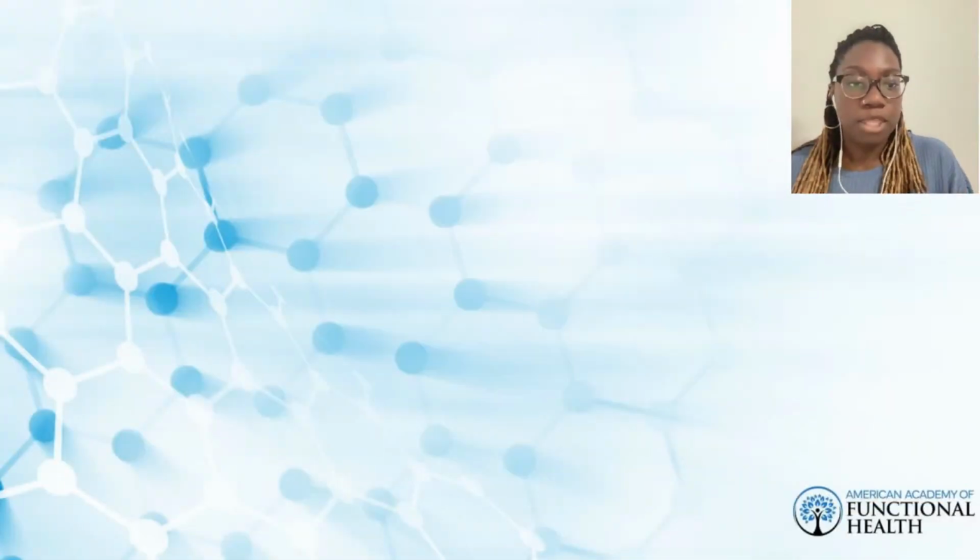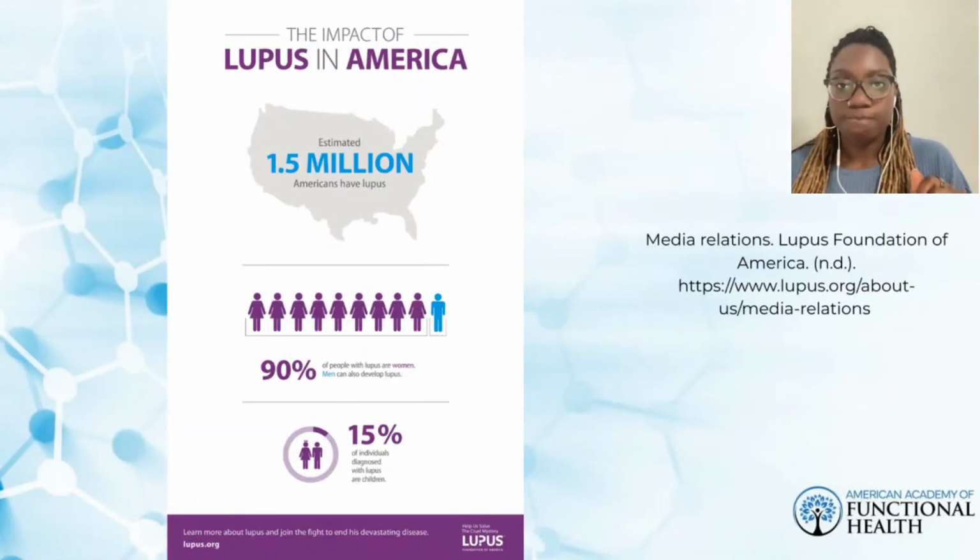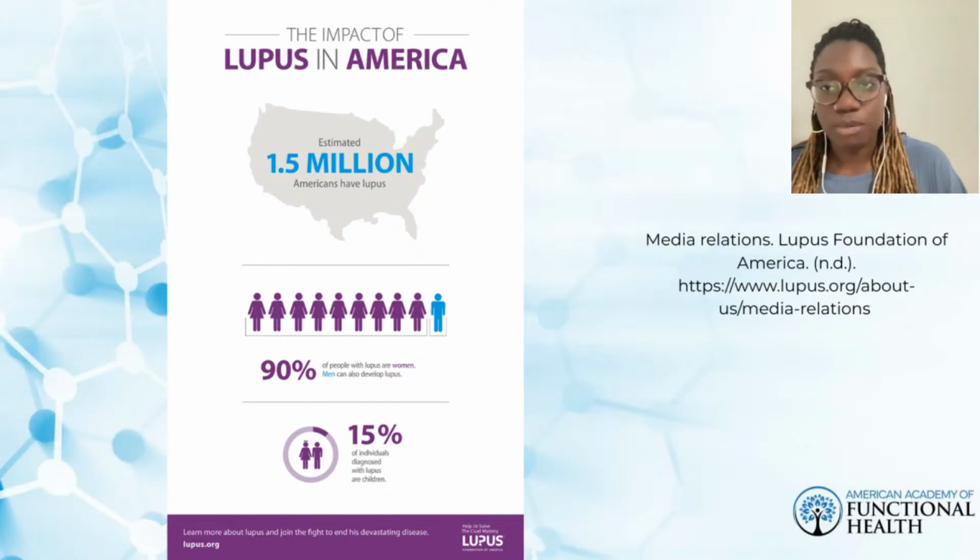So let's take a look at this picture from the Lupus Foundation of America. We can see here that an estimated 1.5 million people have lupus. If we were looking at 10 patients that had lupus, 9 of them would be women. And it's important to know that men can also develop lupus.